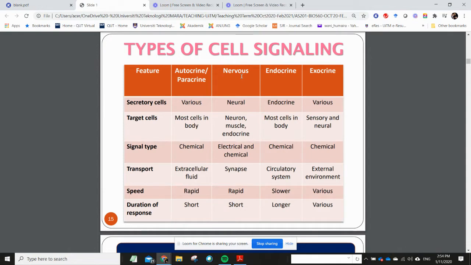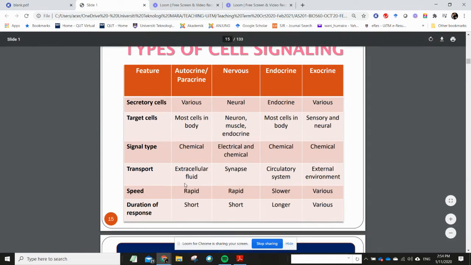So the target cell can be endocrine cells or the muscle cells or the neuron cells. Endocrine cell signaling, the target cells can be most cells in the body. I think when we go through the systems of the body, thermal, digestive, circulation, you will know why we said most cells in the body. Exocrine, these target cells can be sensory or neural.